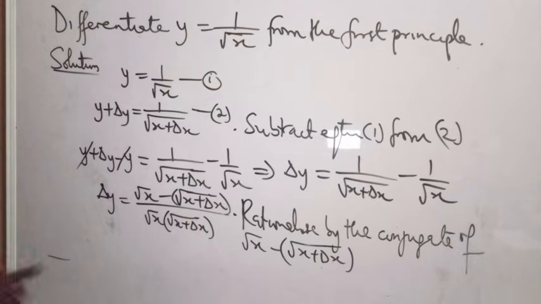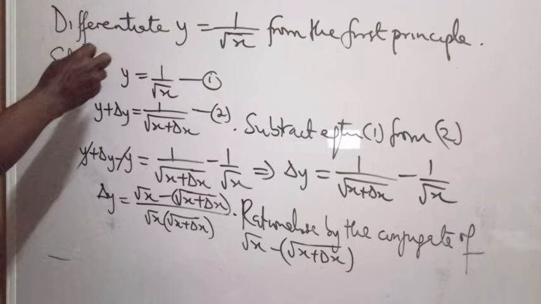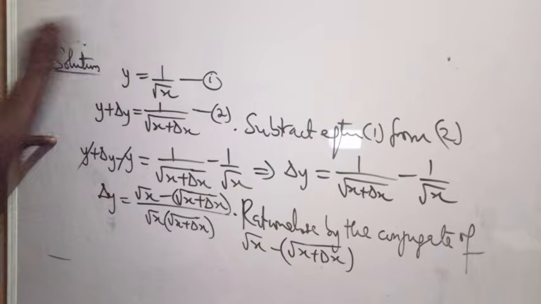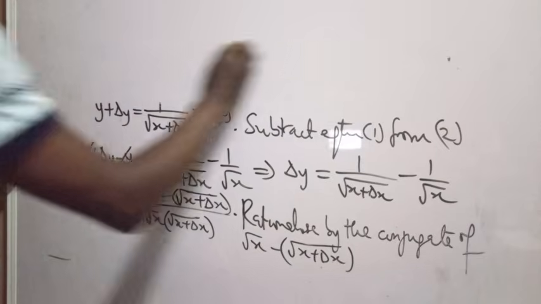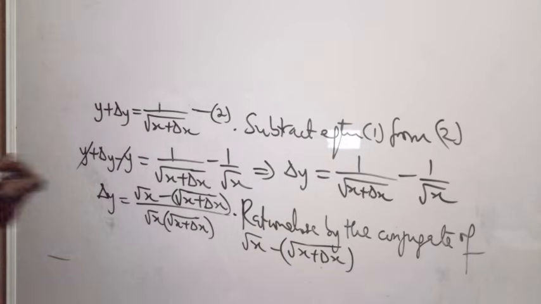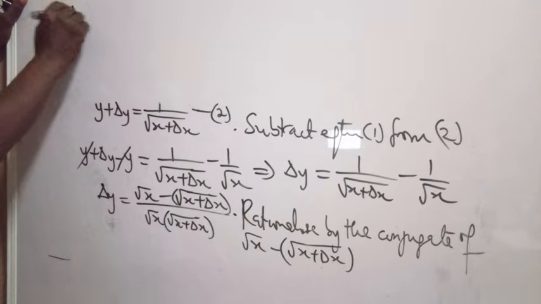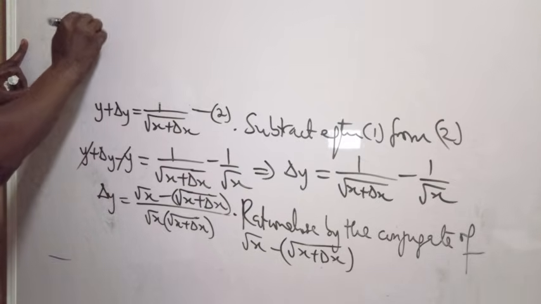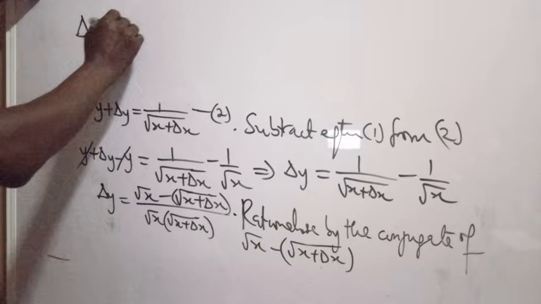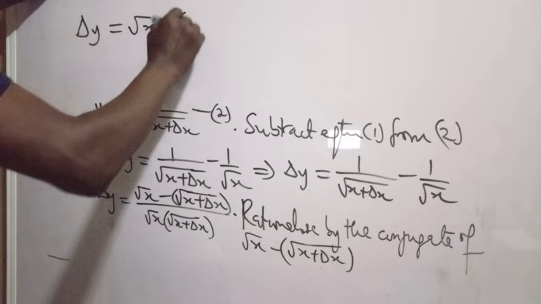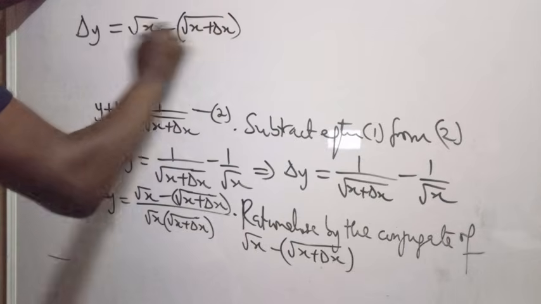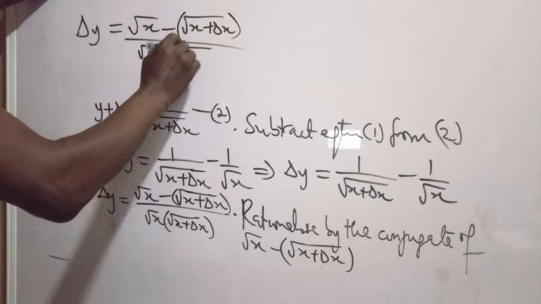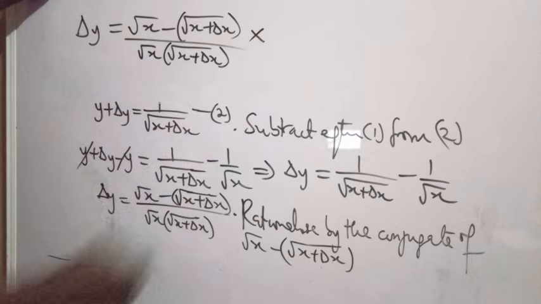So in that case, what is the conjugate of the numerator? So we continue to clean so that we don't lose out. Let's rewrite that. Delta y is now equal to root x minus root of x plus delta x, all over root x into root of x plus delta x, then multiply by the conjugate.